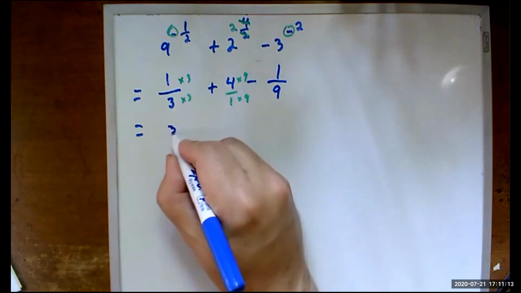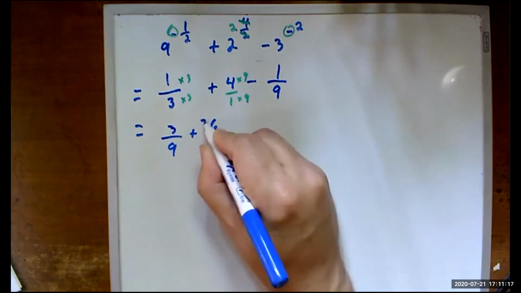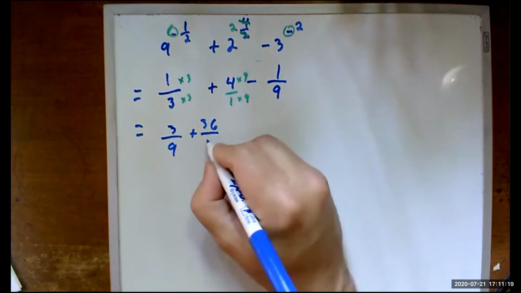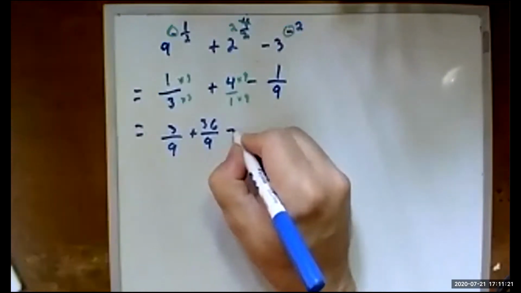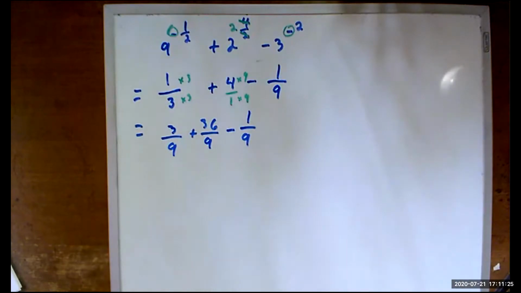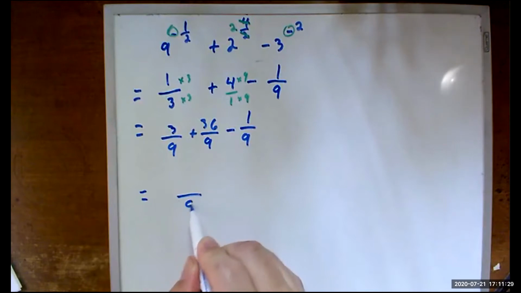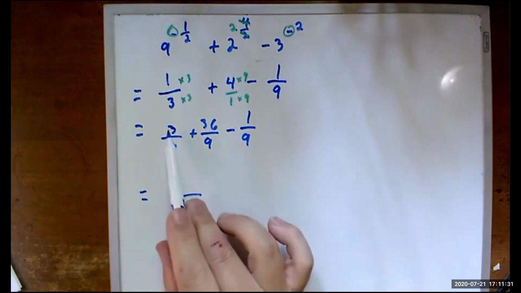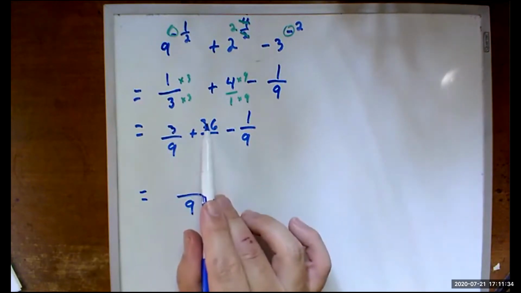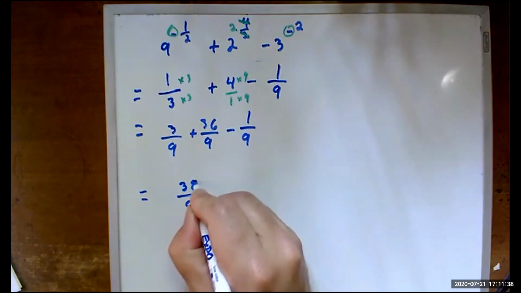When we do that, I end up with 3 over 9 plus 36 over 9 minus 1 over 9. The bottom stays the same because we're adding and subtracting. 3 plus 36 gets us 39, minus 1 gets us down to 38.